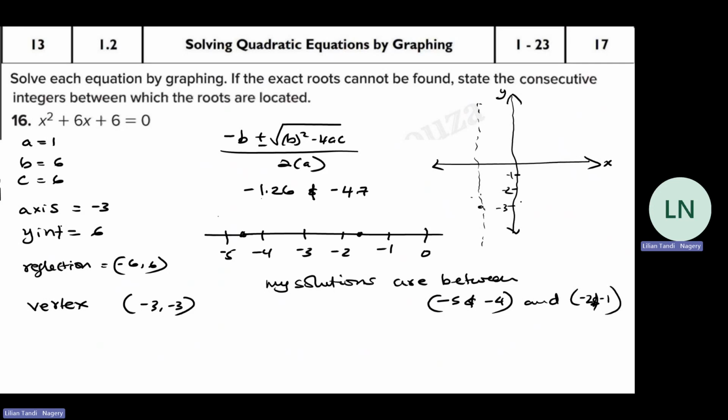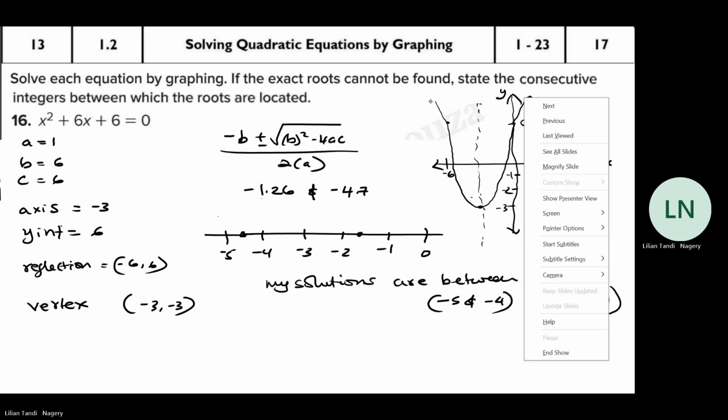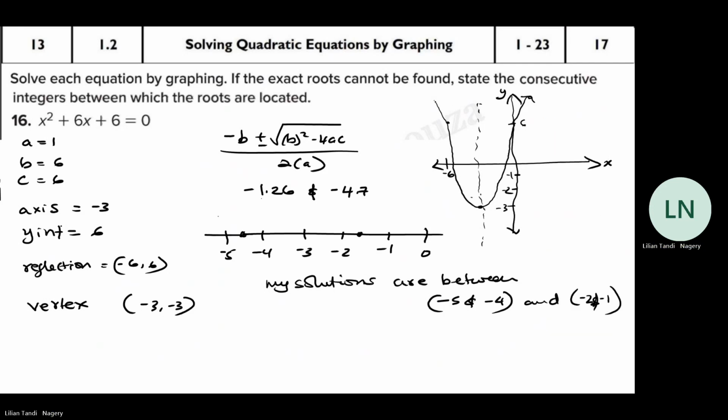So then my reflection, my y-intercept, where is my y-intercept? +6, somewhere here. And my reflection will be somewhere here. So this will be -6. Then I connect. So that's how my graph will be. This number here will be -3.